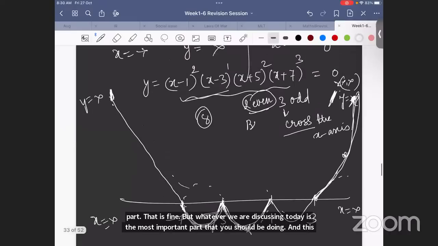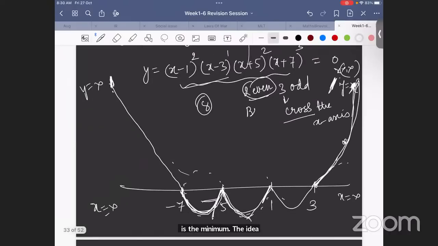So let's start counting the turning points here. We started from here and went like this. The direction was this one, but we turned. So this is the first turning point. Again we are going like this, but we turned here also.